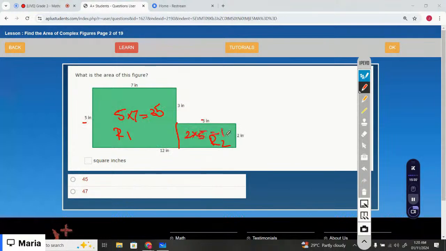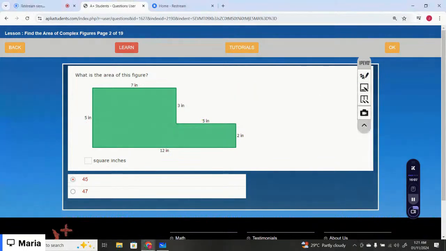So 2 times 5 is 10. You need to add both the areas to calculate the total area. So 35 plus 10 equals 45 square inches. The area of this figure is 45 square inches. Got it? Option number 1 is the correct option.